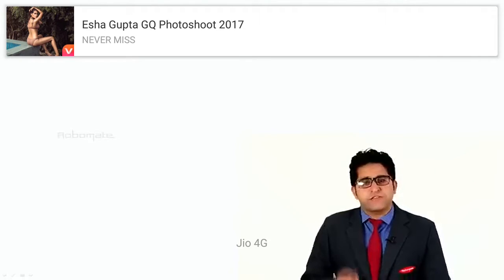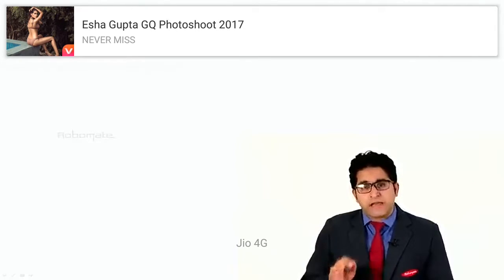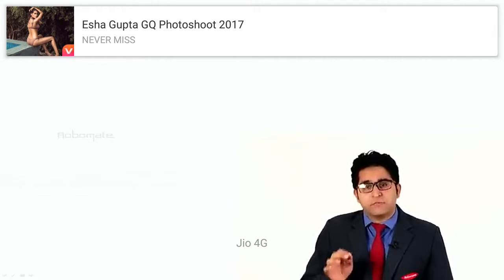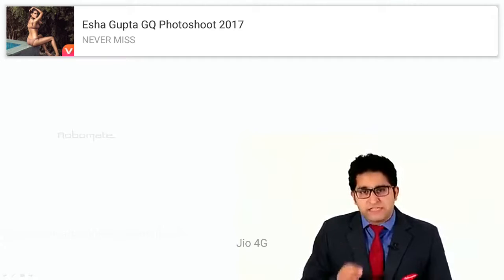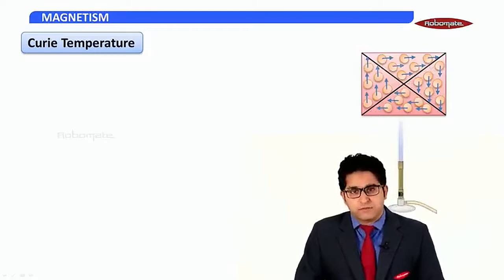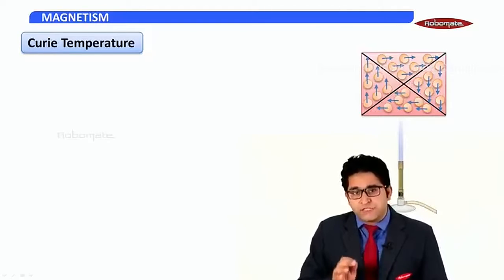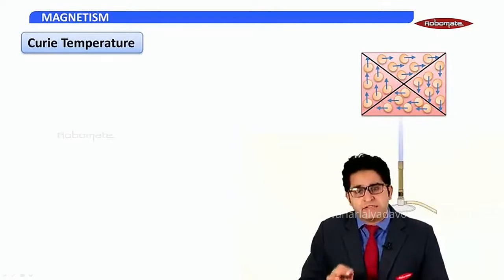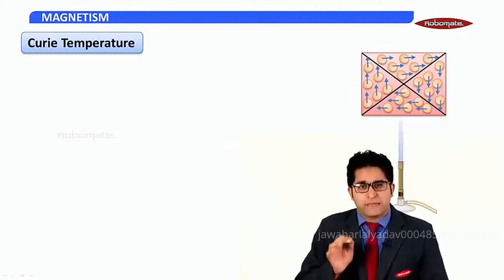Now students, in the previous modules we have learned that the magnetization of a ferromagnetic sample depends upon the temperature. Right? So let's say if I take a ferromagnetic sample and start heating it, the temperature of the sample increases, and as a result the magnetization of the ferromagnetic sample decreases.